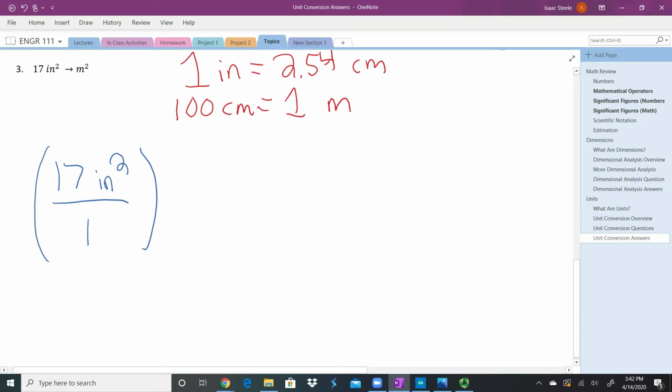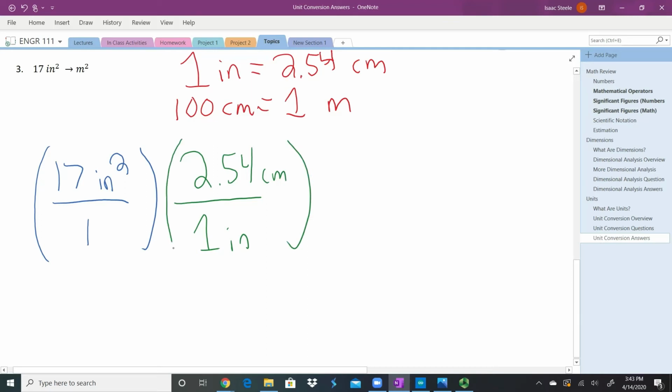They're getting pretty comfortable here, and they'll say, all right, so I put my 1 inch down here, which means I put my centimeters up here, and then they cancel. The problem with doing this is you'll notice that on the bottom of my conversion factor, it's inches. In my original problem, it's inches squared. Those can't cancel.